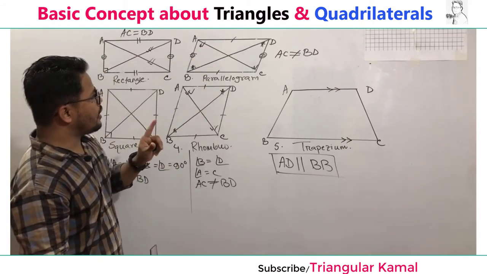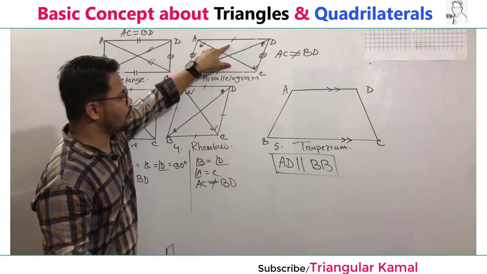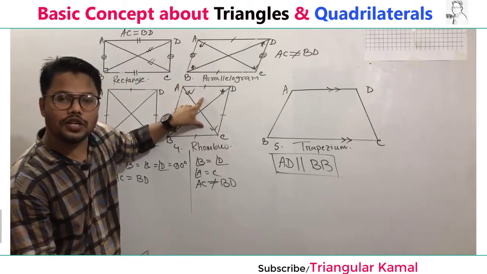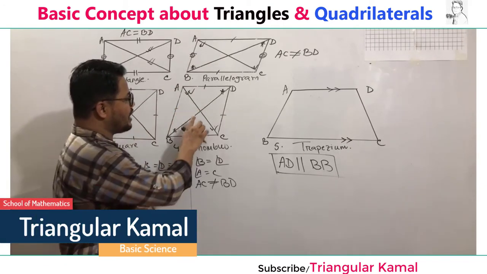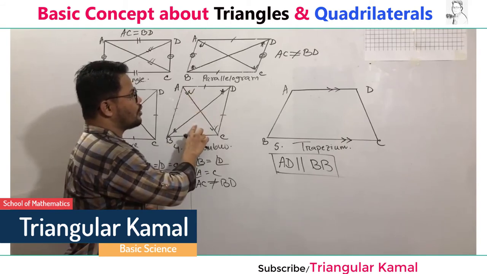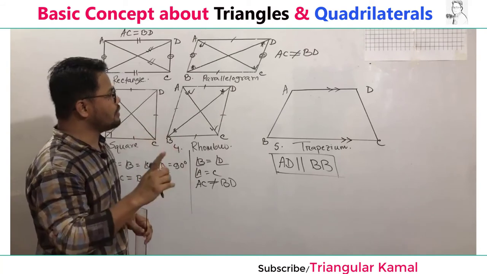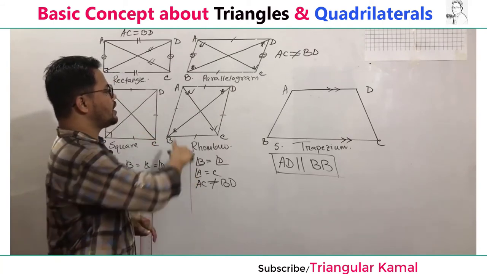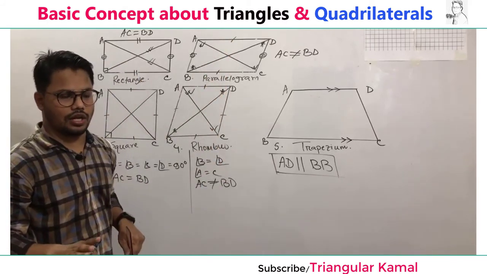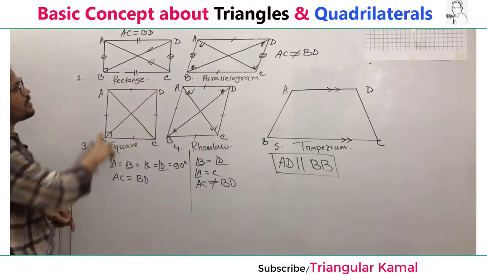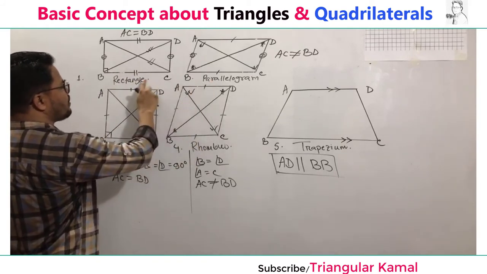And another thing: here the two diagonals are not equal, and there also the two diagonals are not equal. This is the similarity. But the dissimilarity is that here the four sides are equal, and here only two opposite sides are equal. I think this is the major difference between square, rhombus, parallelogram and rectangle.